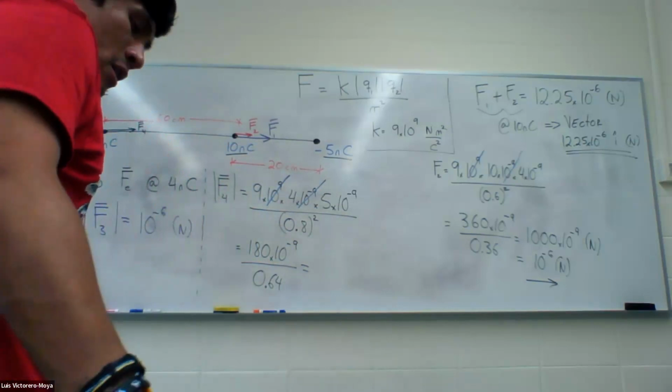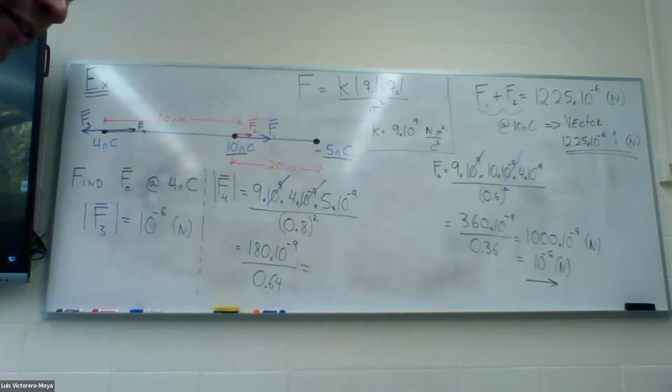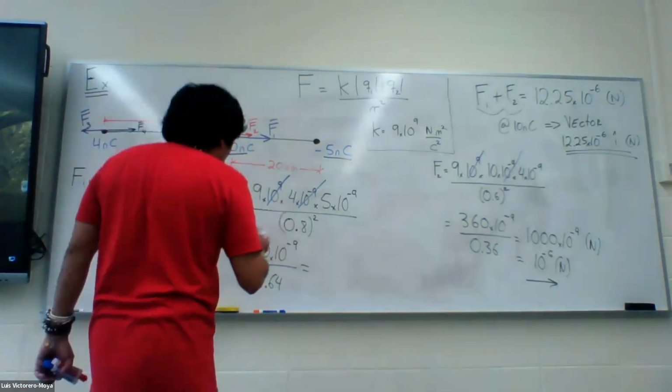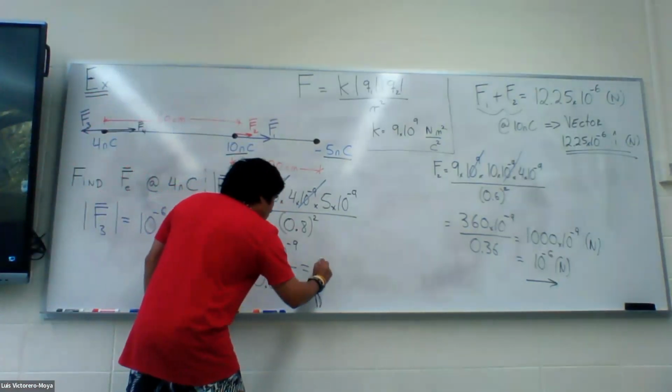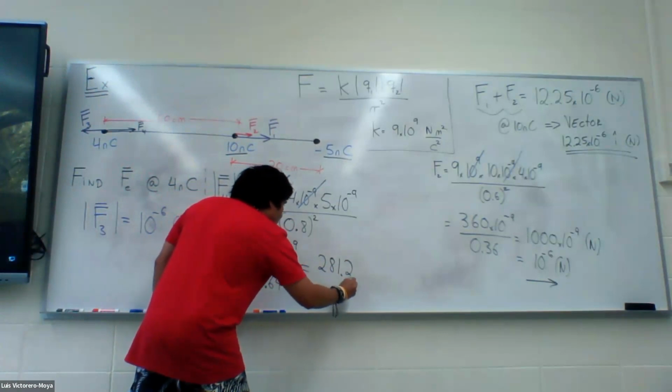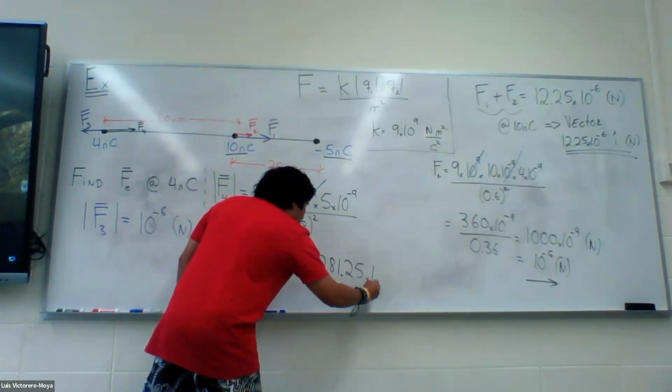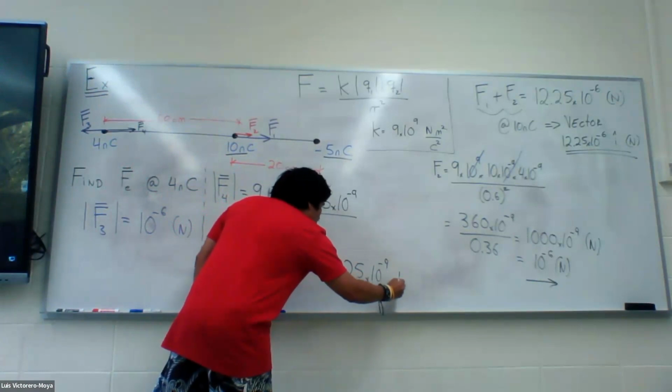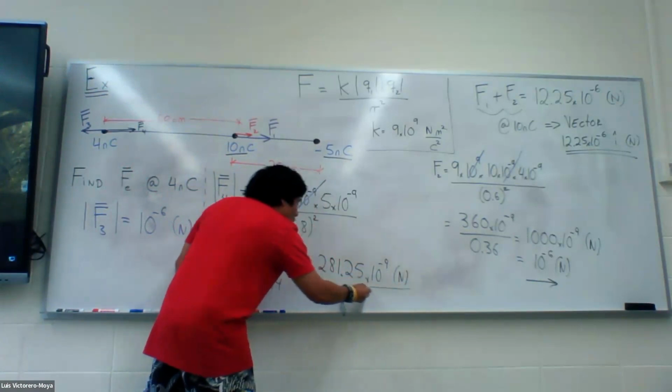Be careful with this. So we have 180 over 0.64, which is 281.25 times 10 to a negative 9 newtons.